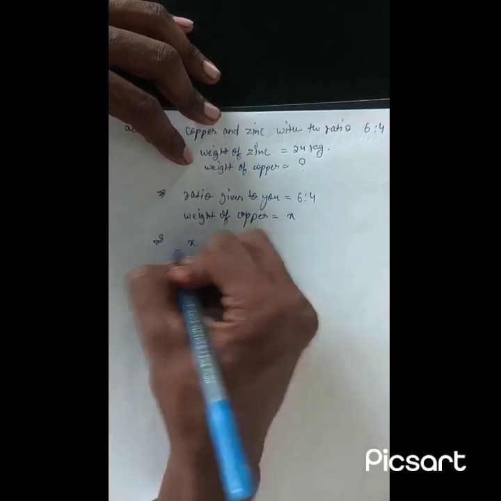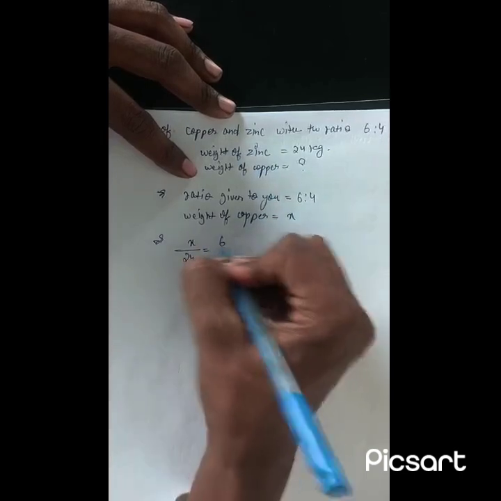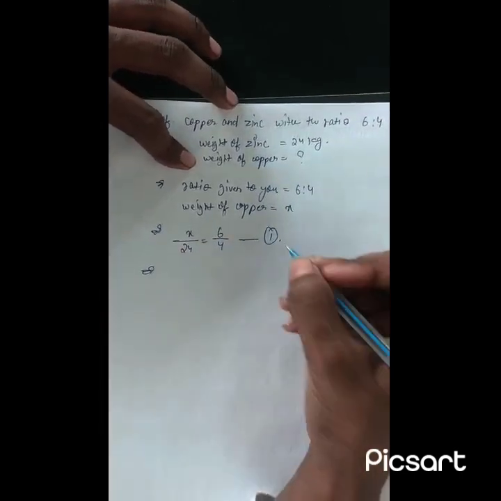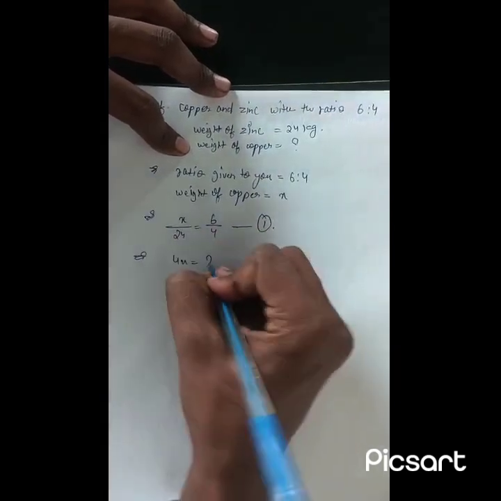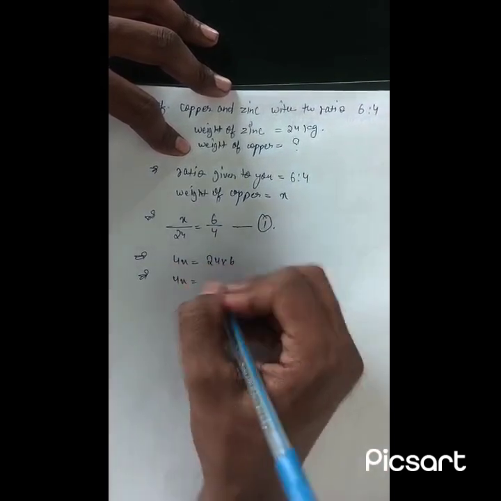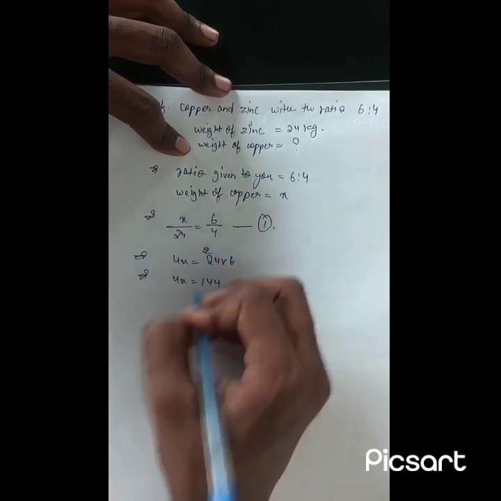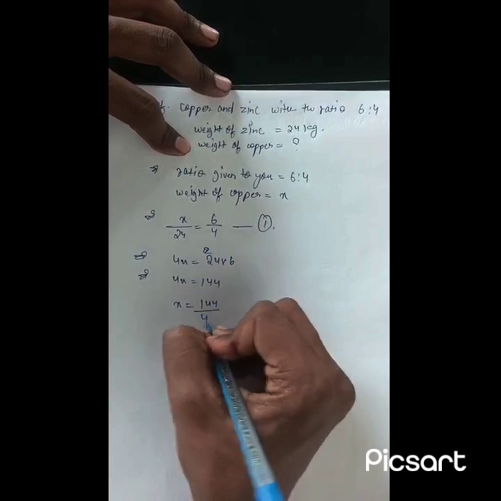Weight of copper is x and weight of zinc is given as 24, which equals 6 upon 4. Now this is just one simple equation. You will solve it and get your answer: 4x is equal to 24 into 6, so 4x is equal to 144, x is equal to 144 by 4.